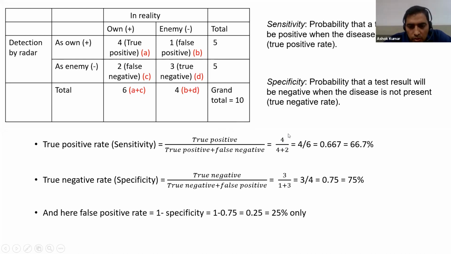So there are 4 true positives here, from the A cell, and plus 2 false negatives. So 4 divided by 6, and then 66.7% sensitivity. And what is sensitivity? Sensitivity is the probability that a test result will be positive when the disease is present. When disease is present and test is positive, that is sensitivity.